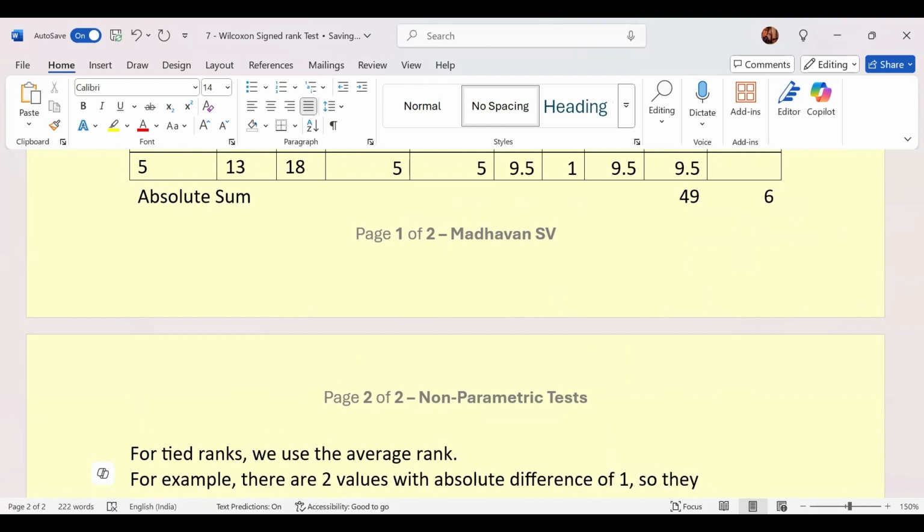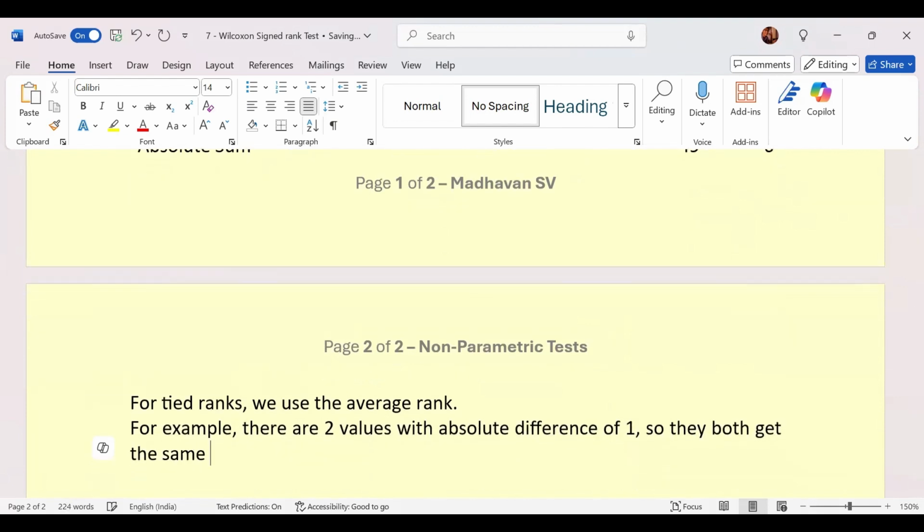So they both get the same rank, that is 1 plus 2, because they are sharing first and second rank, divided by 2, so it is 1.5.